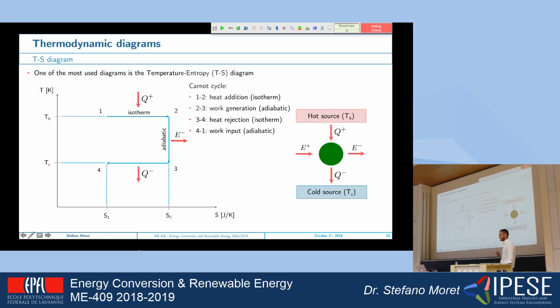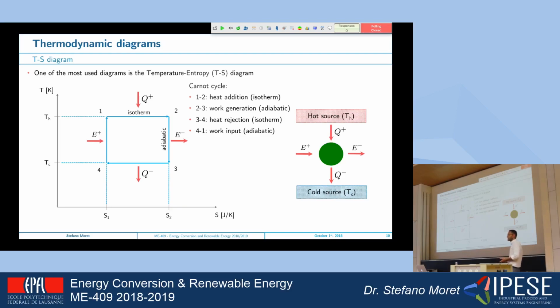Then we condense the fluid in order to reject heat to the cold source, which is normally the atmosphere in our cases. And then we go back to the initial state by giving work to the system, normally with a pump or a compressor, depending on the type of system. So this is the way we represent a cycle in a thermodynamic diagram.